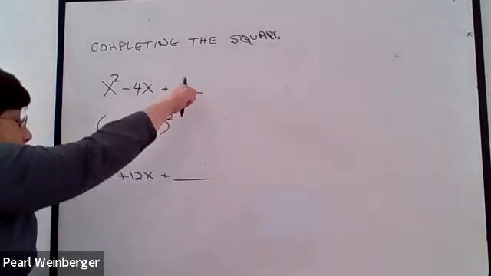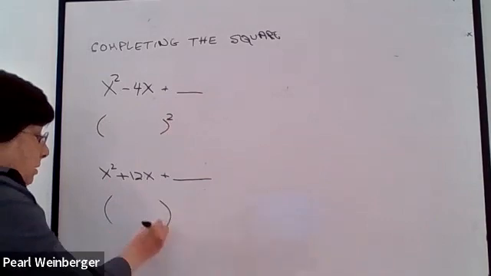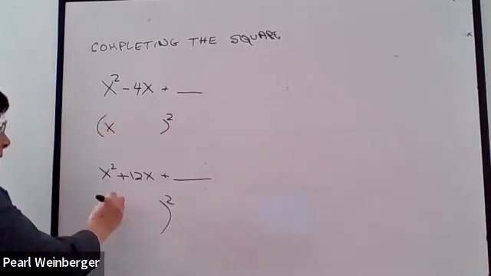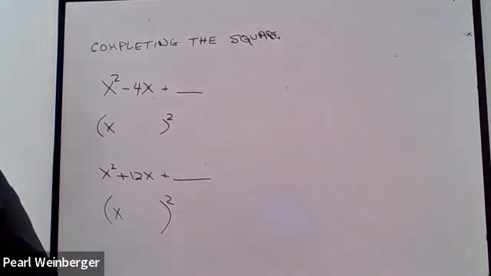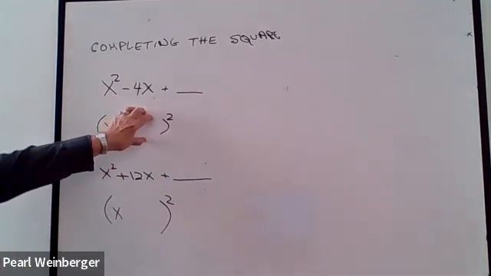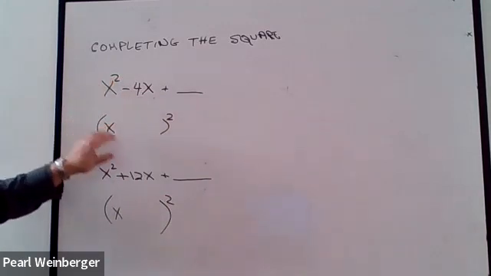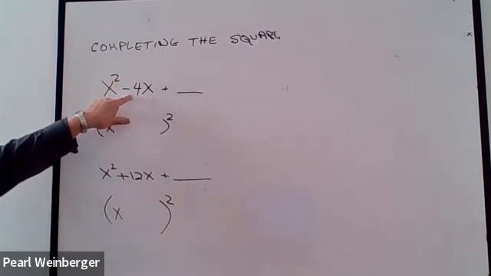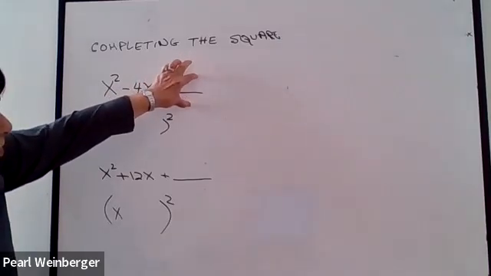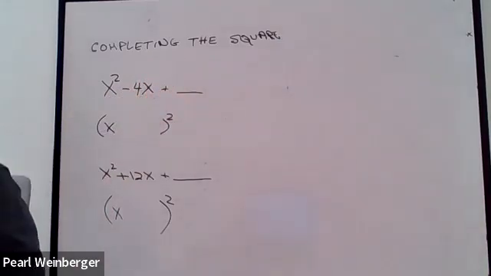You have to fill in that blank, and we also have to write the binomial. I'll put the x in for you, but you have to do the rest. Okay, I'm giving you a couple of minutes to try this. See what number you would put inside the parentheses to make this into a perfect square, and what number would have to have been the third number in order for that to be a perfect square.